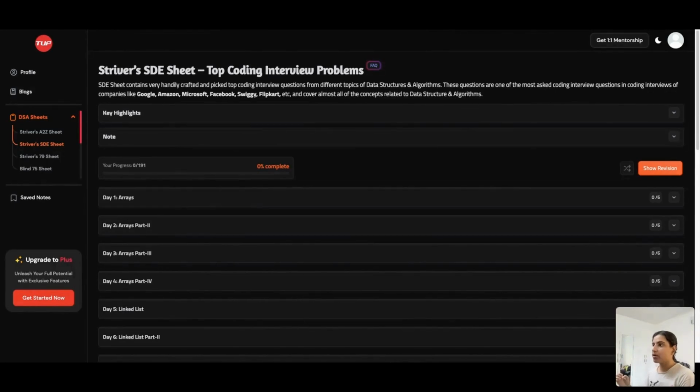Basically, in the period of time that you have, you need to make sure that you focus on the quality of problems, the quality of things that you do, rather than quantity, right? You need to make sure you revise all the concepts in your mind. Like if I talk about arrays, there can be questions from the two pointer approach or the sliding window approach, right?